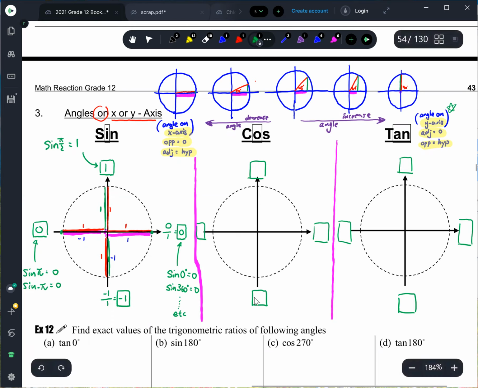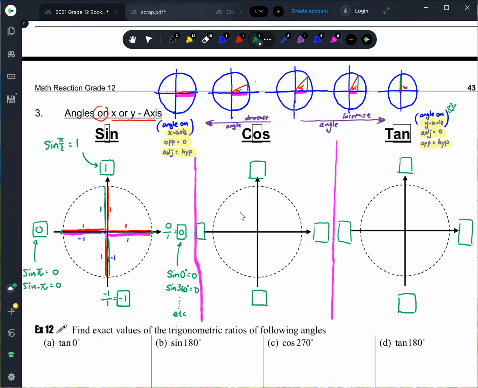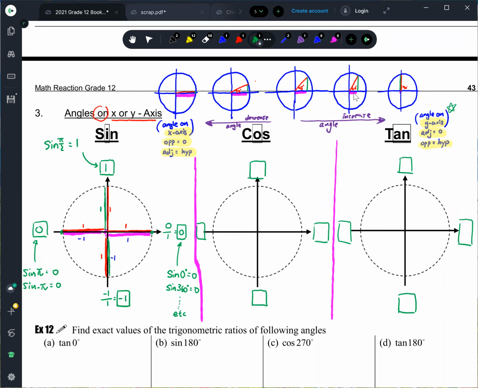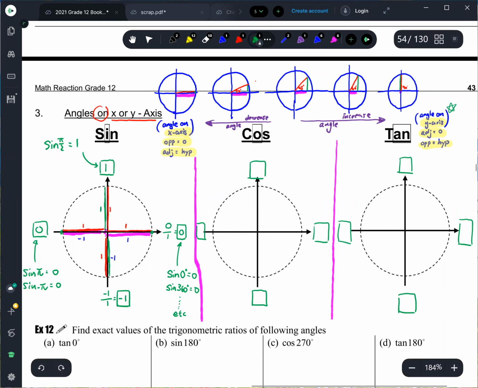Okay, please raise your hand if you finish cosine. All right, so let's check the answer for cosine.